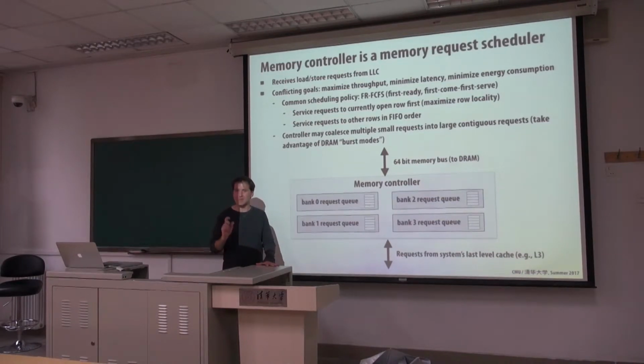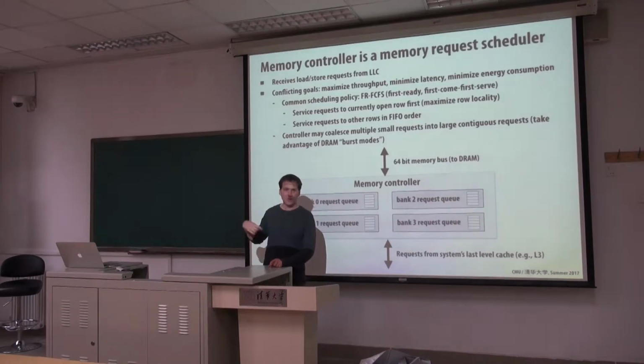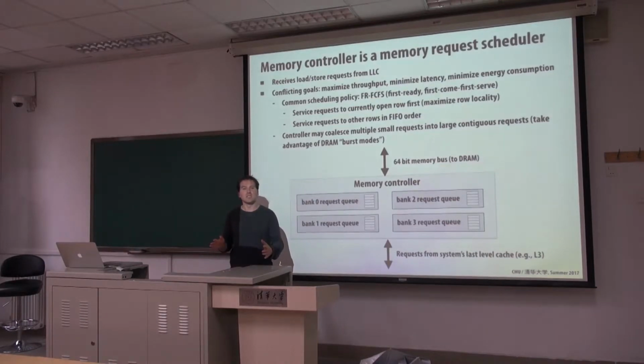So what that means is that if the memory controller receives a request, it will always process requests to the currently active row first. If any of the addresses map to the active row, those get to go to the front of the line. And then for all other addresses, it will just be first come, first serve. It will be FIFO, in the order of arrival.